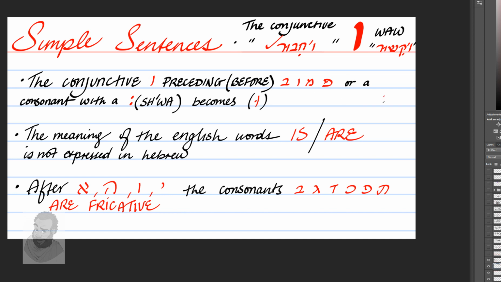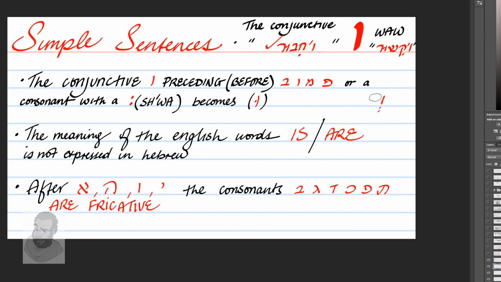So remember, this is how you say "and" in biblical Hebrew. It becomes u when it's in front of the pe, the mem, the vav, and the beth, okay?